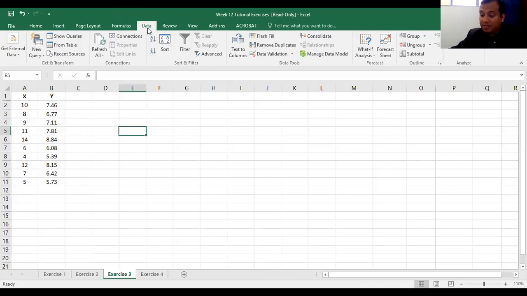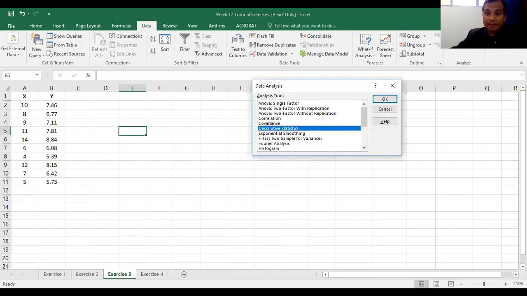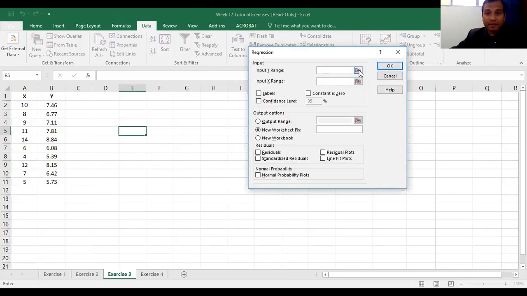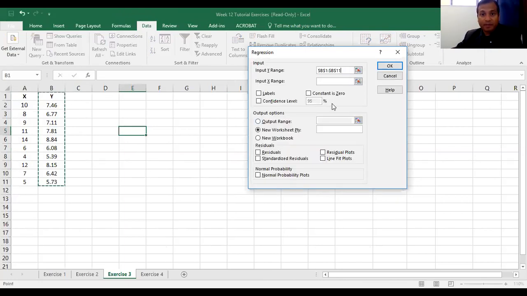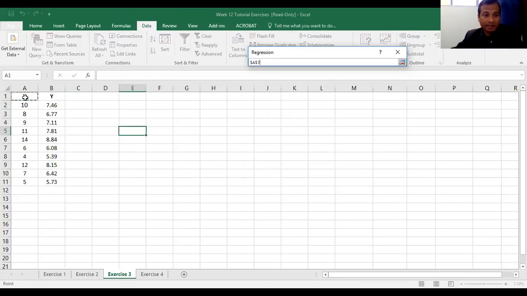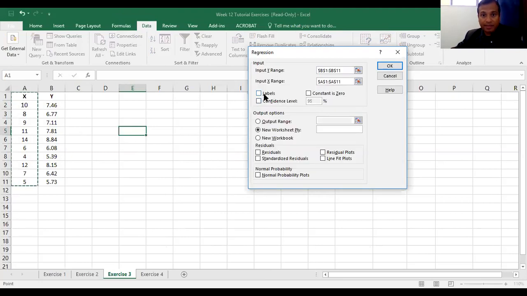We are interested in the summary output of the regression statistics. So go to Data, Data Analysis, and select Regression. In this case, Y is the dependent variable, so this is the Y input range, and the X input range is X. I have selected labels.